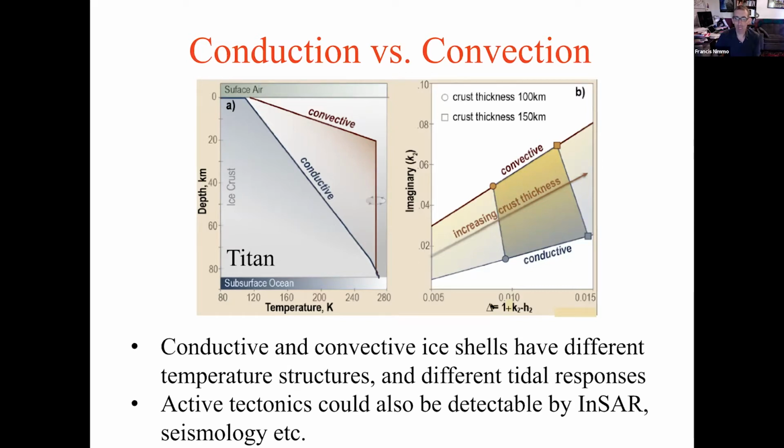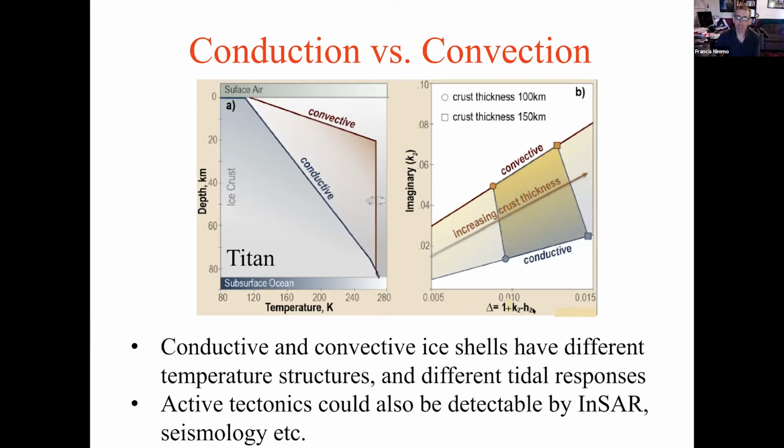And so on the right, I'm plotting this funny delta 1 plus K2 minus H2, and then the imaginary part of K2. And the point is that the convective results and the conductive results occupy different places in this parameter space. And you move up this line as you increase the thickness of the crust.